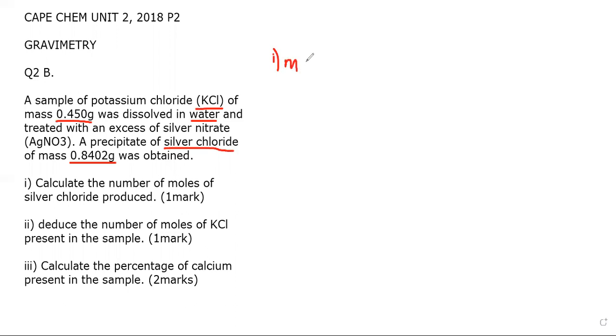So we know the mole is equal to the mass over the molar mass. All right, so we're calculating the mole of precipitate, which is AgCl.